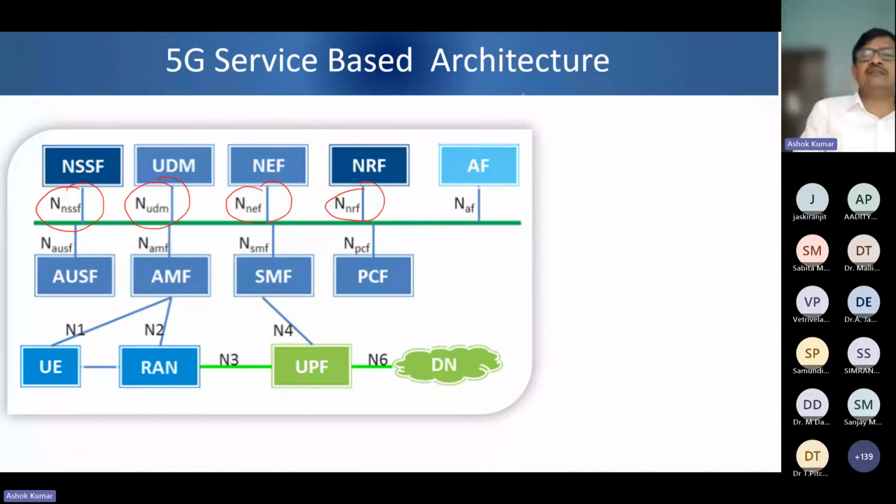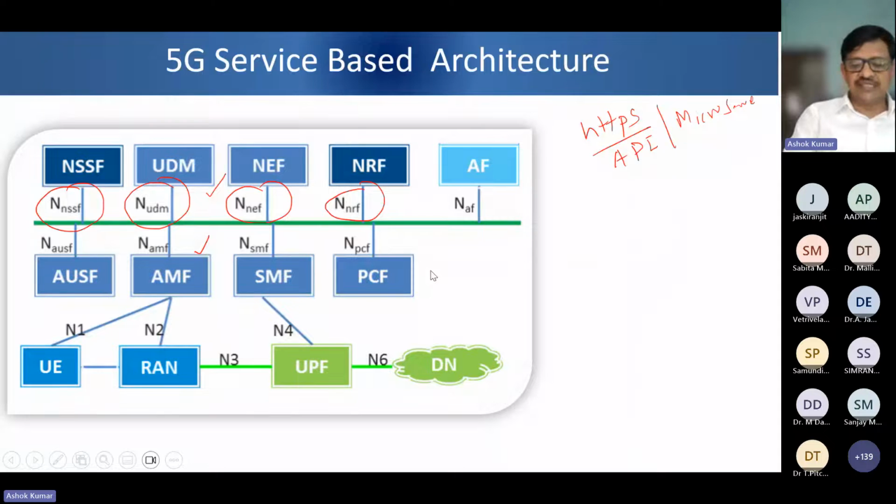It's nothing but HTTPS kind of interfaces, or we call it application programming interface, or sometimes microservice. So now interfaces have become flat. Any network function can talk to another network function over an API. That's why we call it service-based architecture, because every network function provides certain services and other network functions can consume that service or vice versa, right? So one network function can be a service producer and can also be a service consumer.